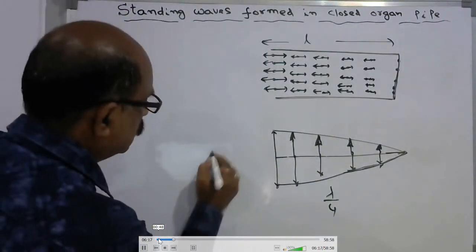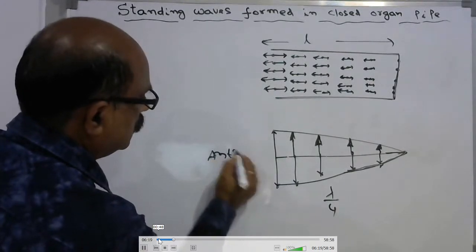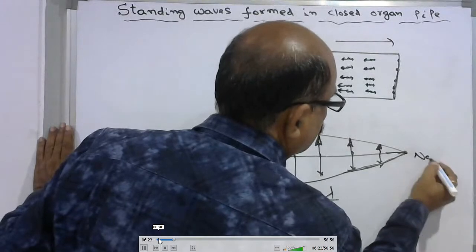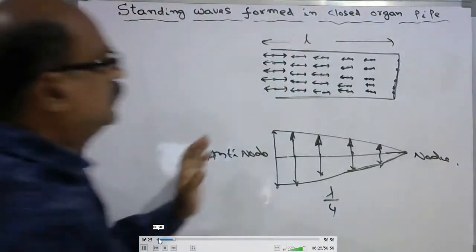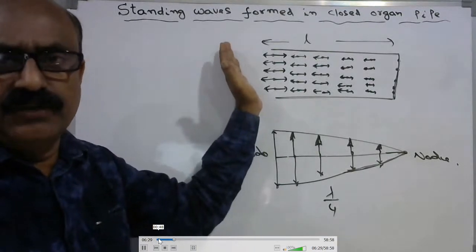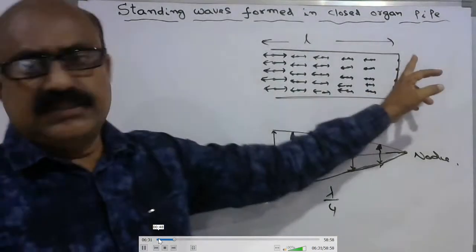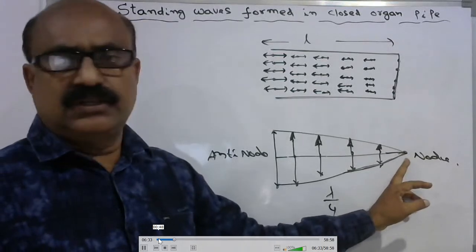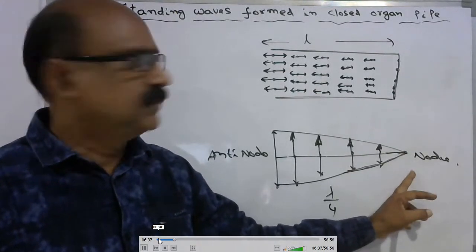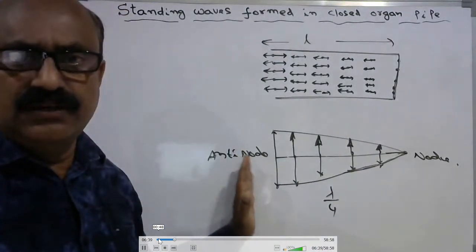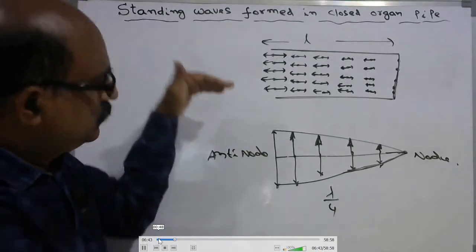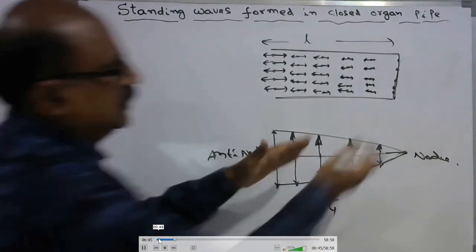This is antinode, and this is node. Always at the open end it forms an antinode. Always at the closed end it forms a node, because the degree of freedom is almost 0. And the degree of freedom for the particles to vibrate at the open end is maximum. That is why it forms antinode and node.